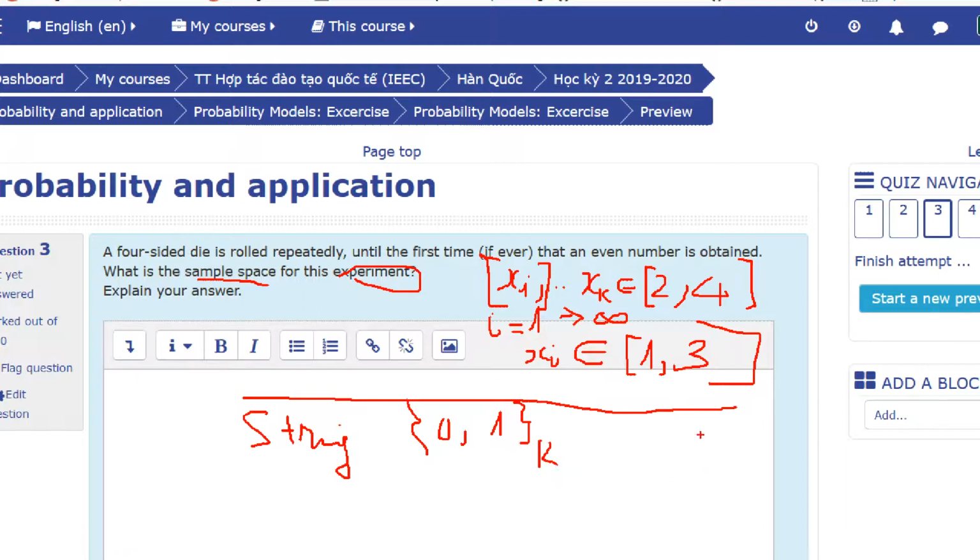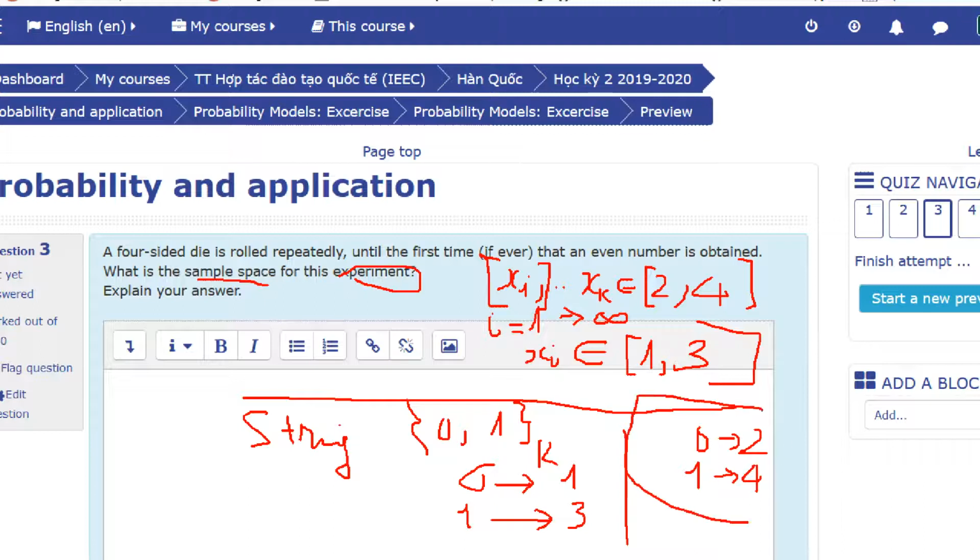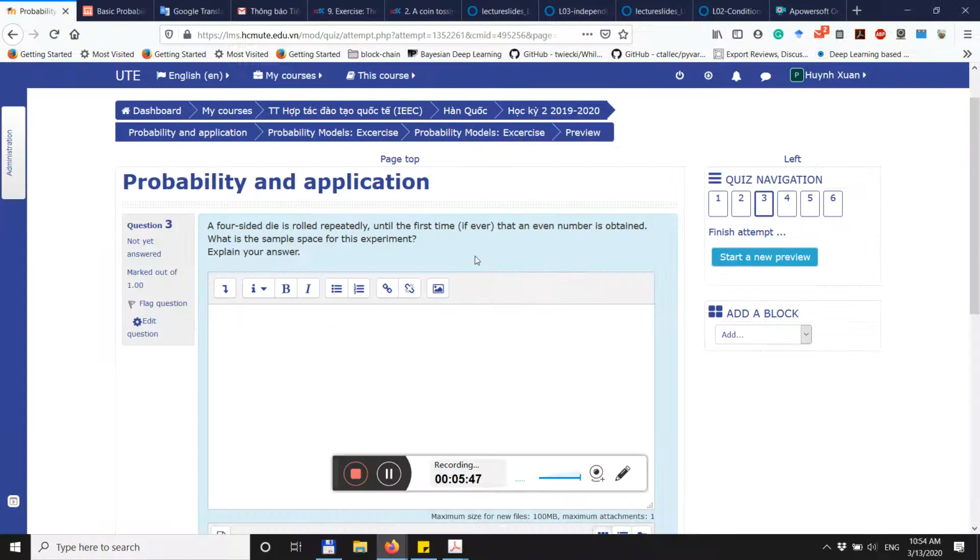The last is 0 for 2 and 1 for 4, and the previous string is 0 for 1 and 1 for 3. It is an odd event, it is an even event. So just present it by a set.